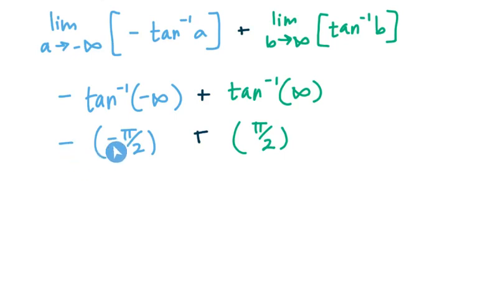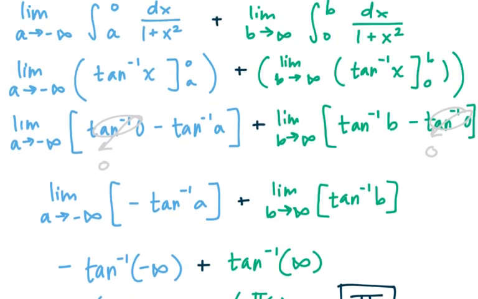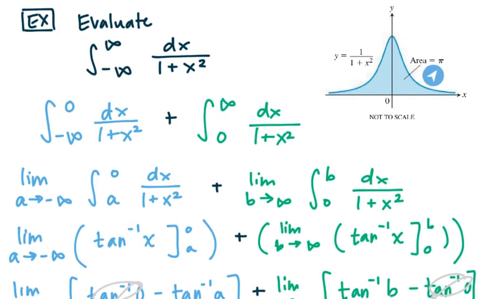These two negatives cancel. It's positive, and pi over 2 plus pi over 2 is just going to give us 2 pi over 2 or pi. So the value of the improper integral, the area under the curve from negative infinity to positive infinity for this function, 1 over 1 plus x squared, converges to the value of pi.